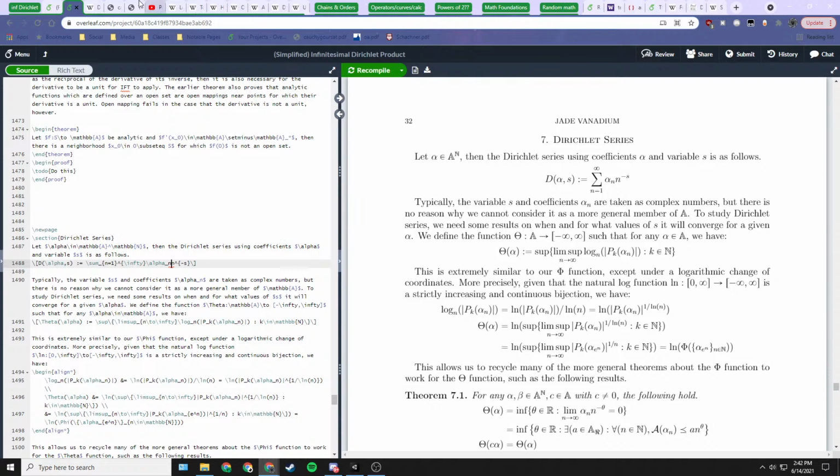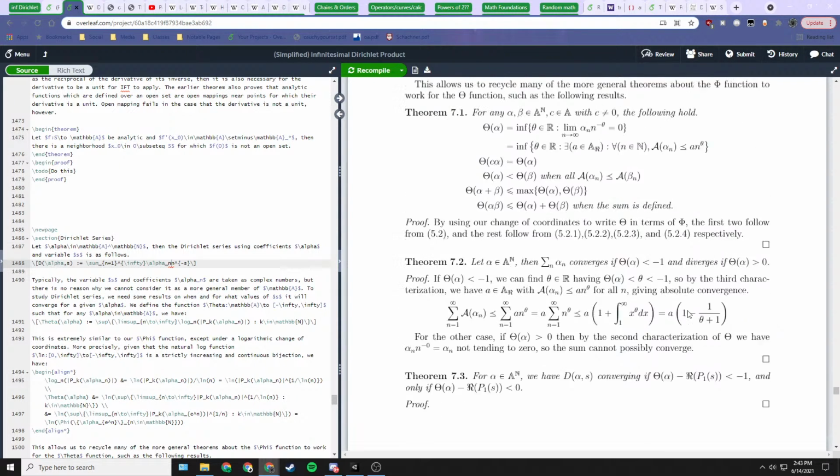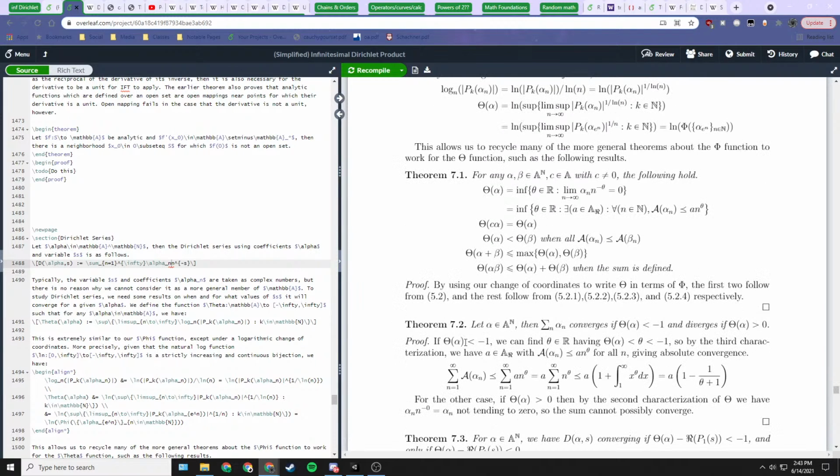Worst case scenario, we could always just back out and only do complex numbers. There's not really a super big reason to go inceptive like this. There really isn't, actually. Because this would be very easy if we just did complex numbers.